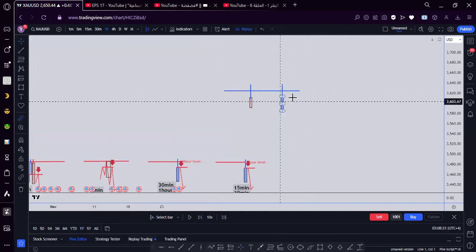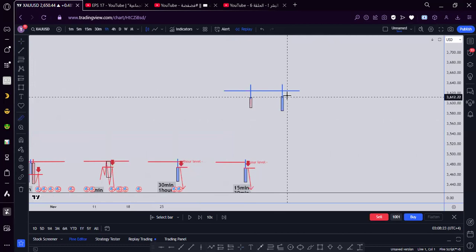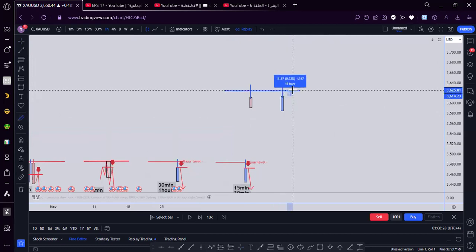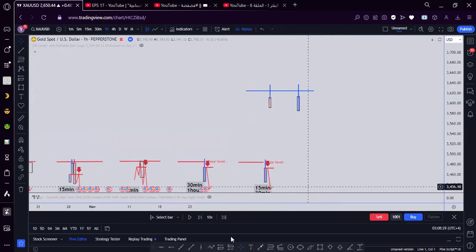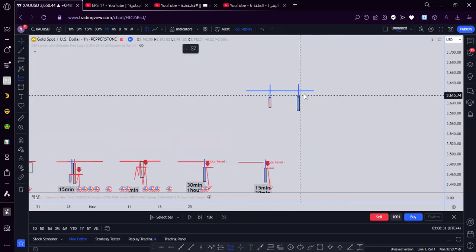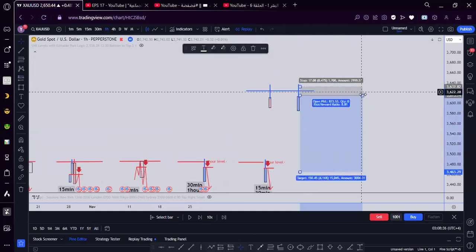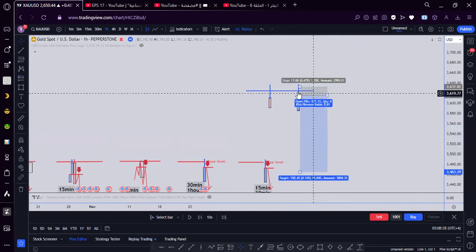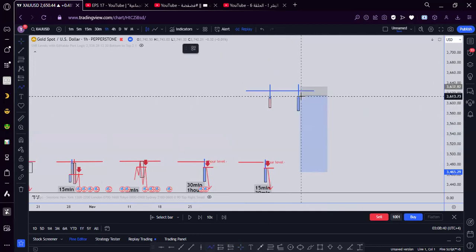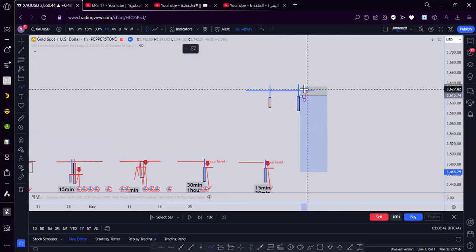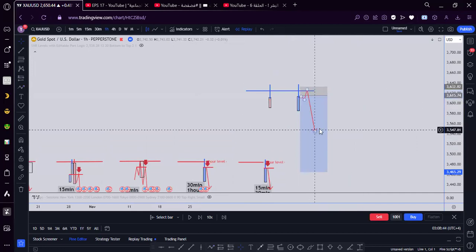This is the main reason: the distance between our closing and the level for our sell trade is very short. So when we enter after the bullish candle closed, our stop loss is safe, because it's near our level, in case the price pushes back to our level and then goes down.